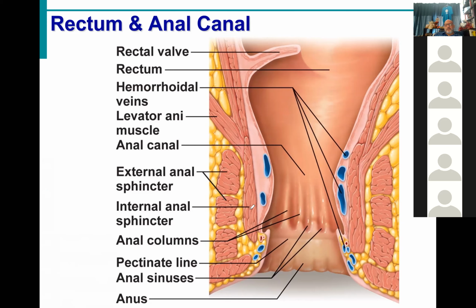Notice here, we see a big thickened enlargement of the circular muscle layer. This nice, big, thick enlargement of the circular muscle layer is what we call the internal anal sphincter.